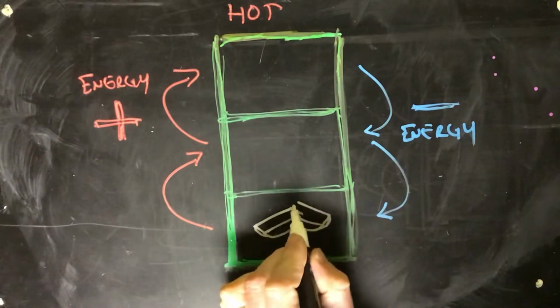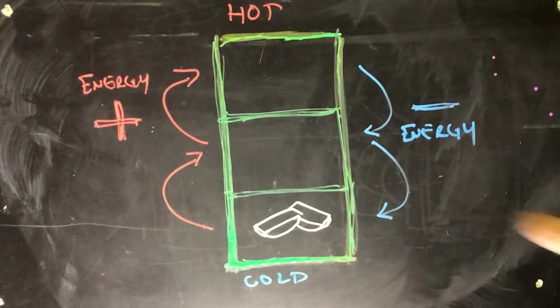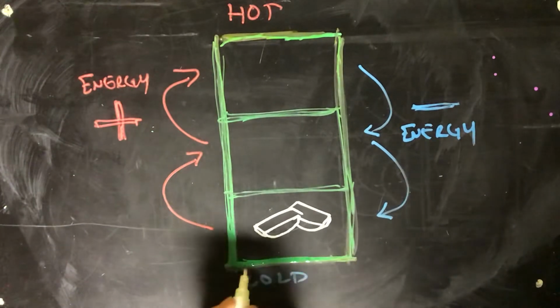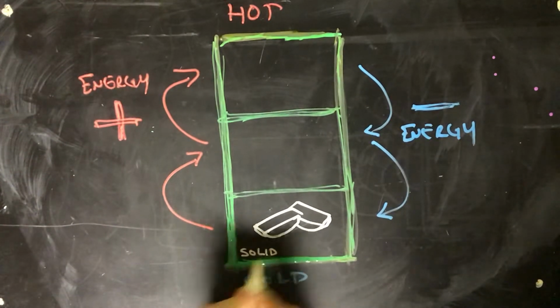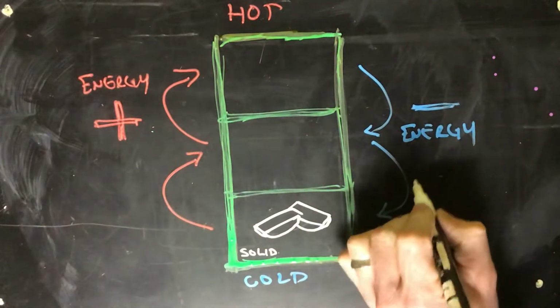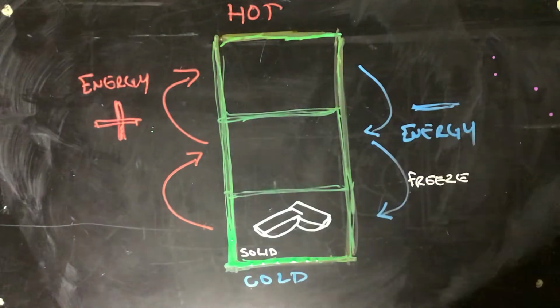Right, and ice cubes are cold, which means they have very little heat energy, and they are all the way down on the bottom. Okay, so this is a solid. Okay, and the way to get here is you have to freeze.